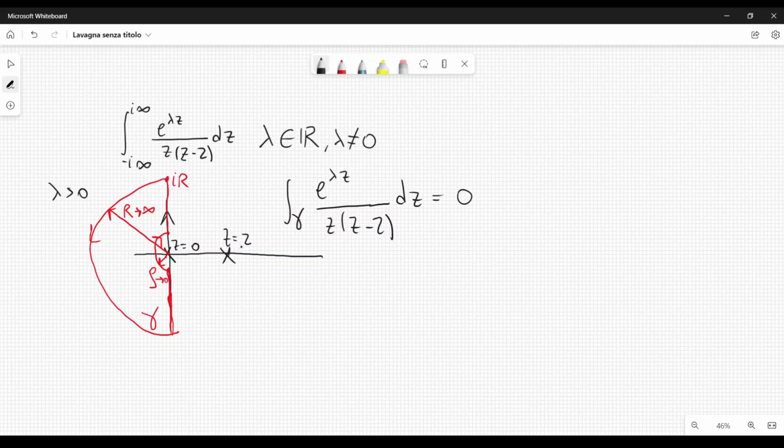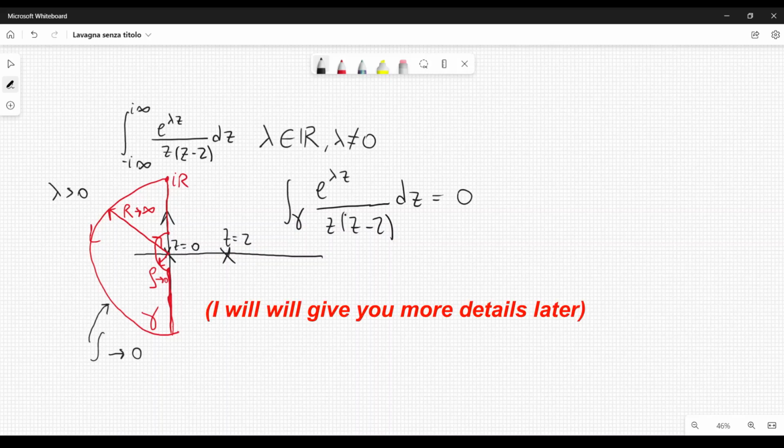And in particular, it is easy to see that when we integrate over the larger semi-circumference, the integral over this semi-circumference will go to 0 as R goes to infinity, because this denominator will be dominant over the numerator.